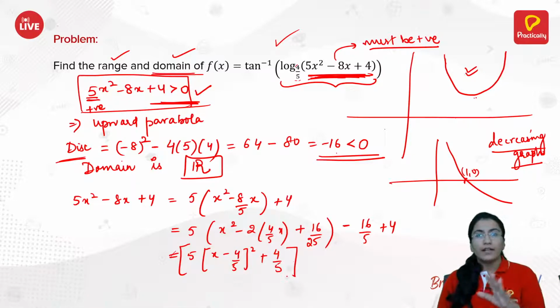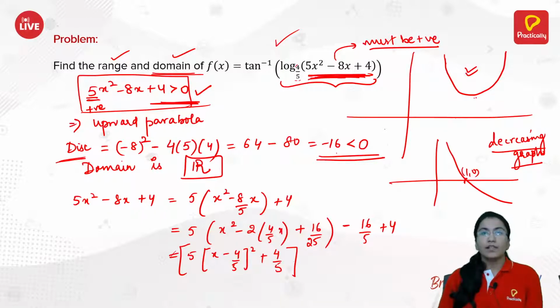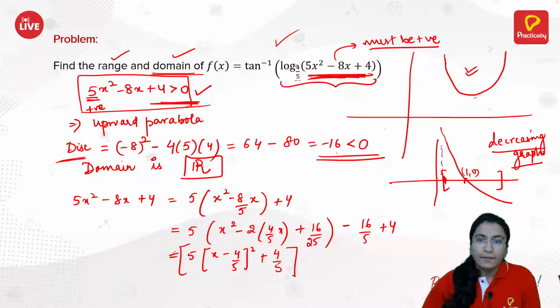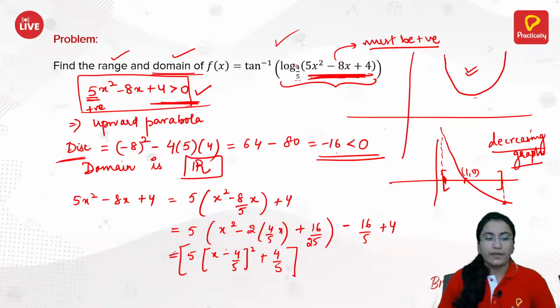So if you are having the decreasing graph, that means maximum will occur at the leftmost point. You can see that if you have this much domain, then at the leftmost point you will be having the maximum value, and at the rightmost point you will be having the least value. So that means maximum will occur at which point? Can you tell me?